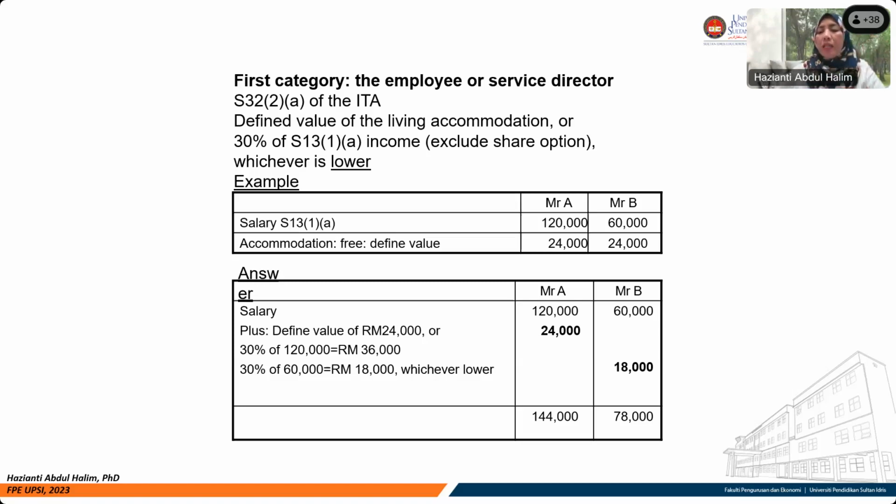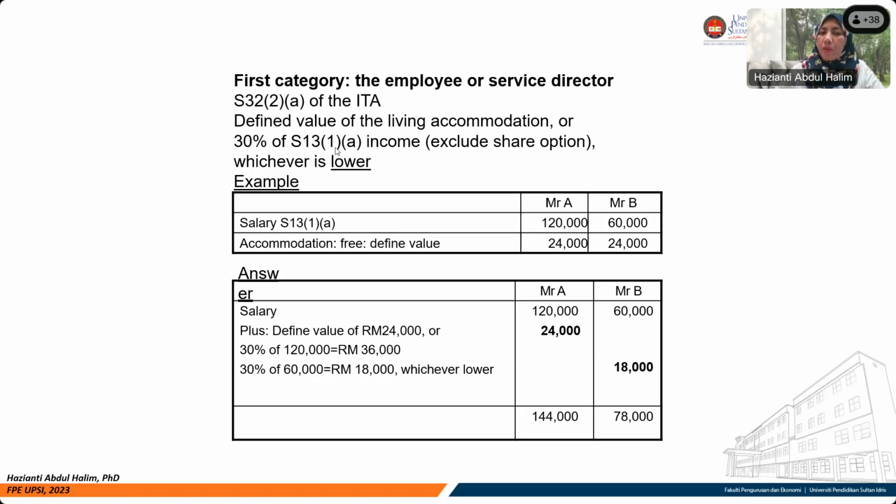Usually the defined value is given. So we will compare the defined value of the living accommodation and 30% of section 13(1)A income. If you get your section 13(1)A wrong above, this part below will also be wrong.